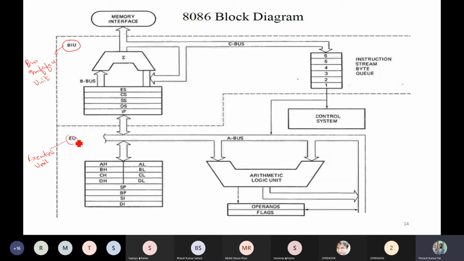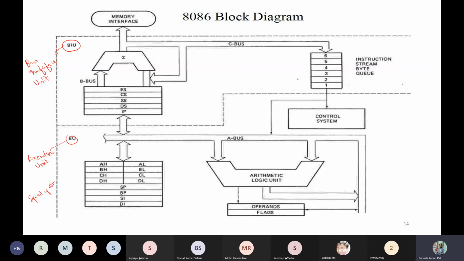So this 8086 microprocessor has a block diagram that is divided into two parts, bus interface unit and execution unit. This division is basically done to speed up the operation. Whatever operation is being performed will be sped up once the two different operations are combined separately, like one is bus interface unit, another one is execution unit.